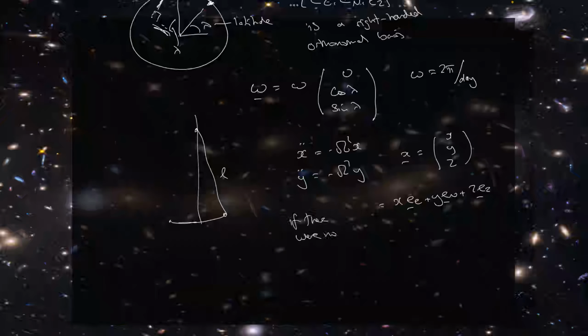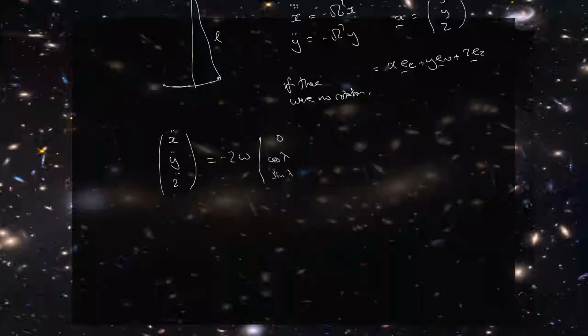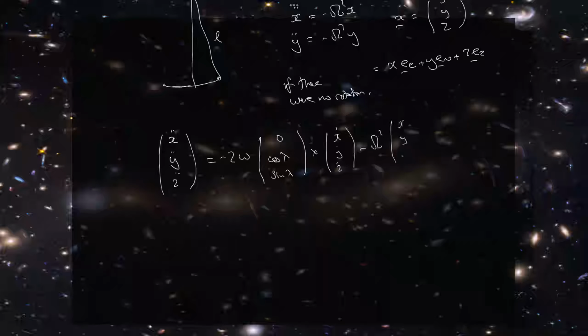And these equations hold if there's no rotation. What are the equations if we include the effect of the rotation of the Earth? The acceleration is minus twice omega (0, cos lambda, sin lambda) crossed with (x dot, y dot, z dot), minus omega squared (x, y, z), plus (0, 0, f).